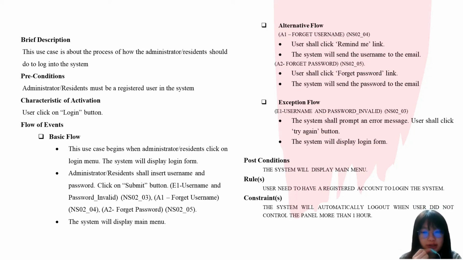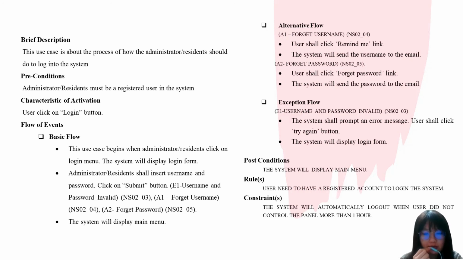There are 2 alternative flows in this use case. First is forget username and the second one is forget password. For forget username, the user needs to click on the remind me link if he or she forgets their username. Then the system will send the username to their email. For the second one, the user should click the forget password link if he or she forgets their password.